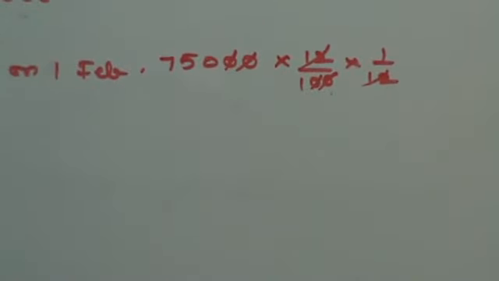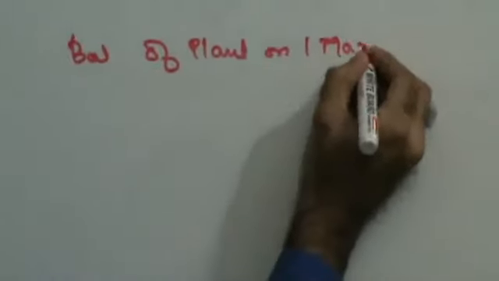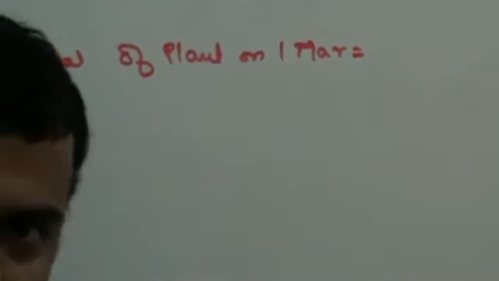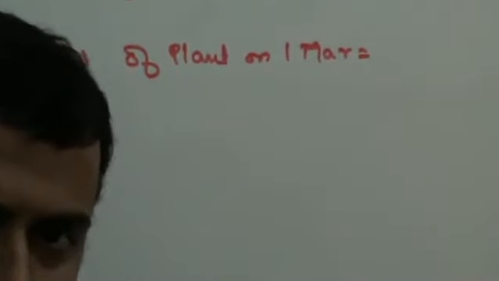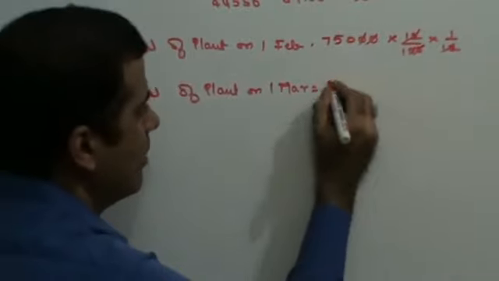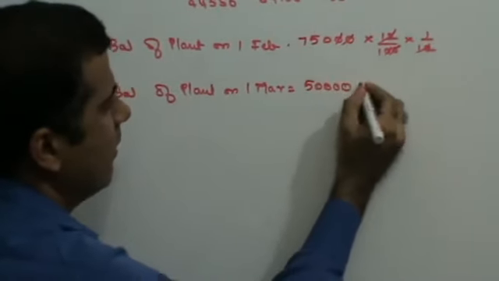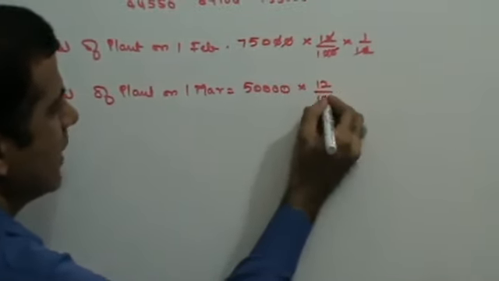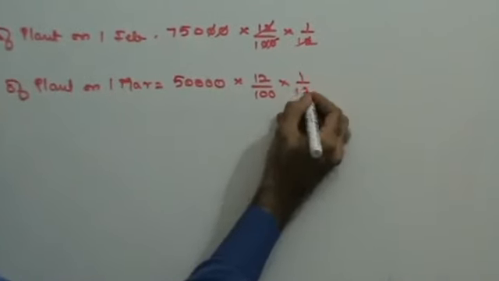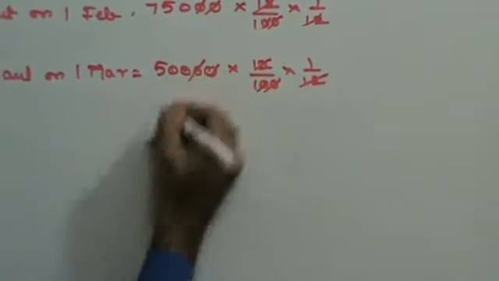Right? Now balance of plant on 1st March. Out of that 75,000, 25,000 I am going to pay in the month of Feb. So as on 1st March, the balance will be 50,000, on which 12% for 1 month. That's going to be 500 rupees.